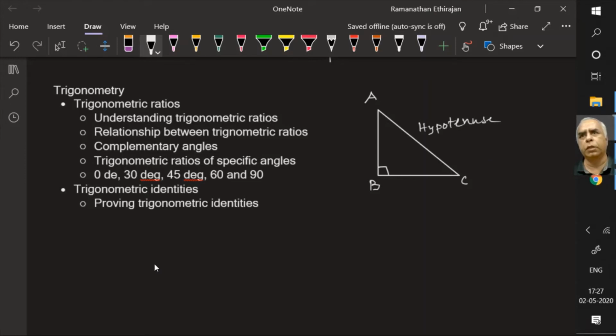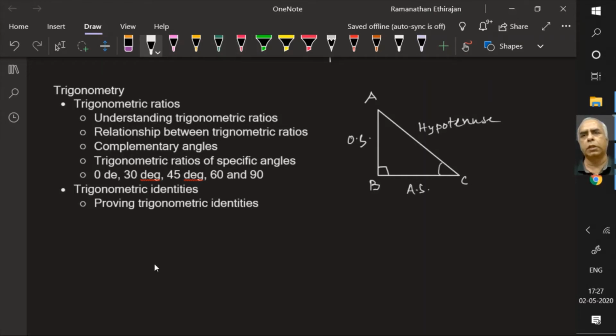Suppose if you consider the angle C, then according to angle C, AB is the opposite side, and this is the adjacent side, AC as you can put.